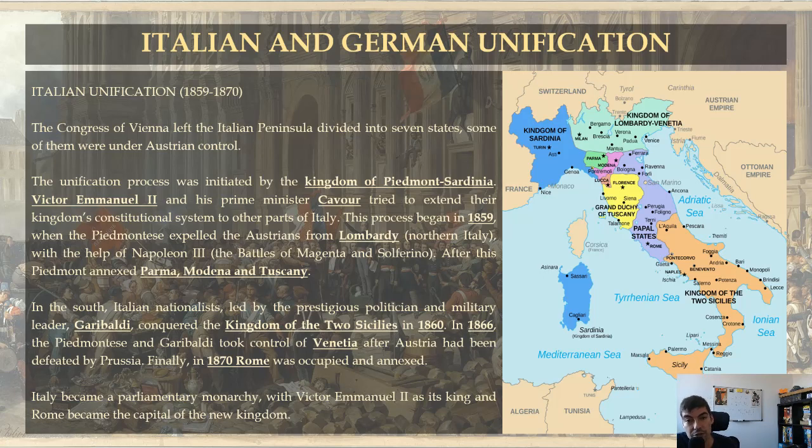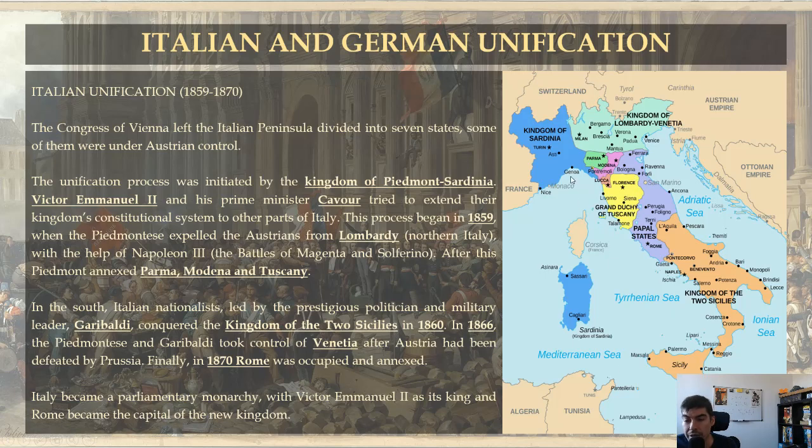They defeated the Austrians in the battles of Magenta and Solferino. After that, they annexed Lombardy, which is this half of the Kingdom of Lombardy-Venetia, whose capital was Milan, and also, after some plebiscites, the duchies of Parma, Modena, and Tuscany in the following year.